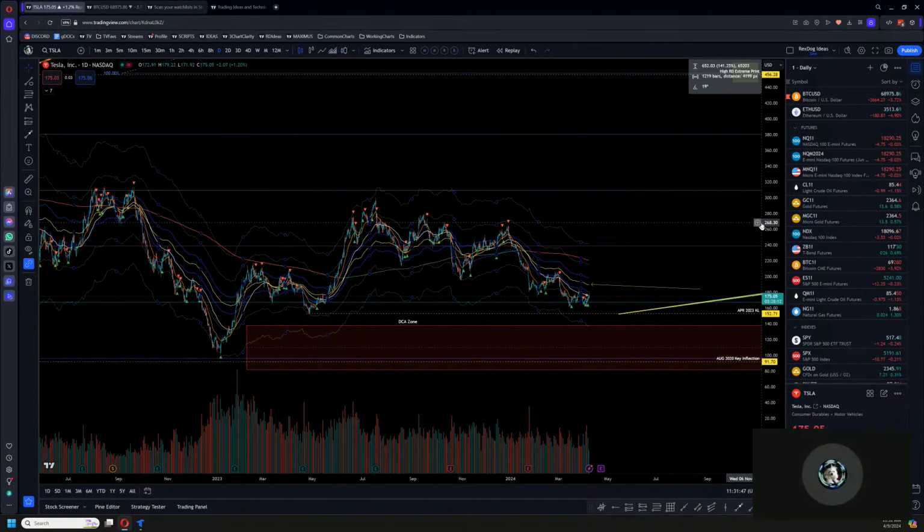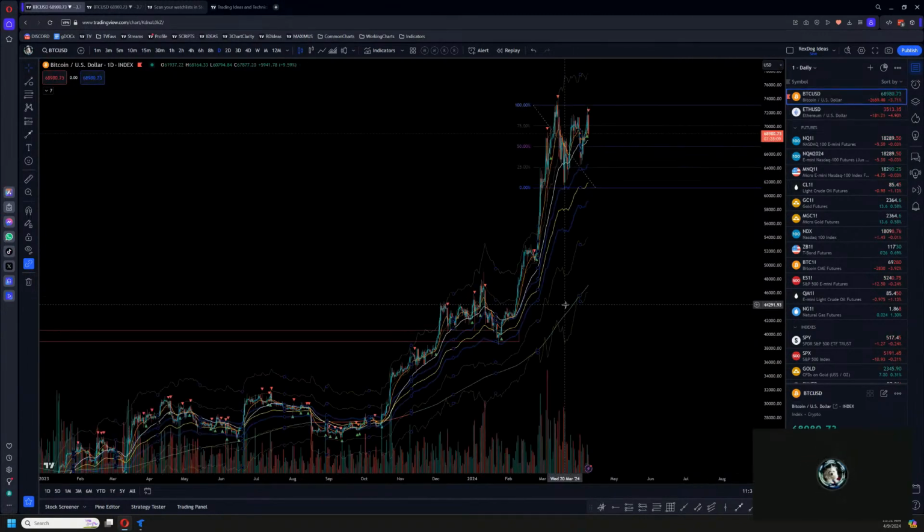I don't look at Tesla as a rational market. Meaning that it's never made sense from the numbers. If you're a fundamental investor, it's never made sense from a fundamental side.